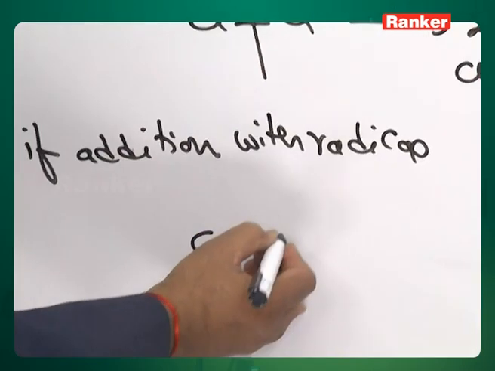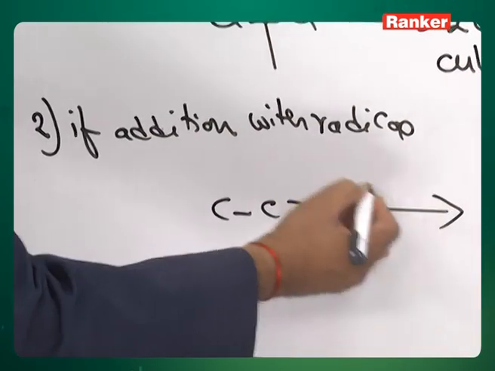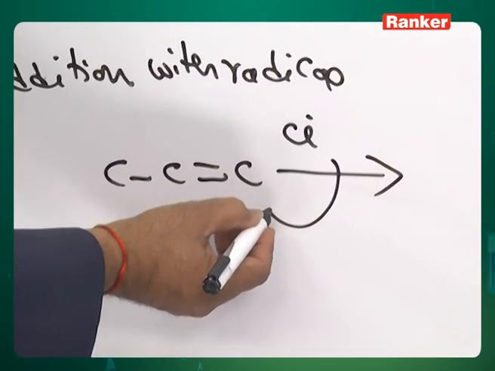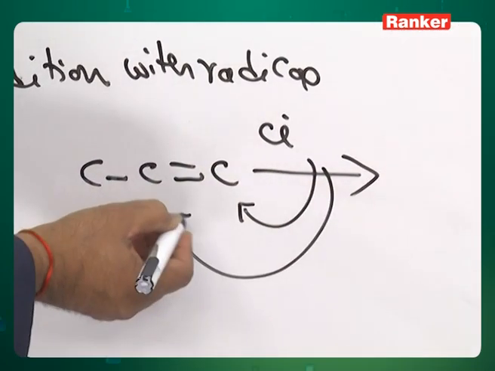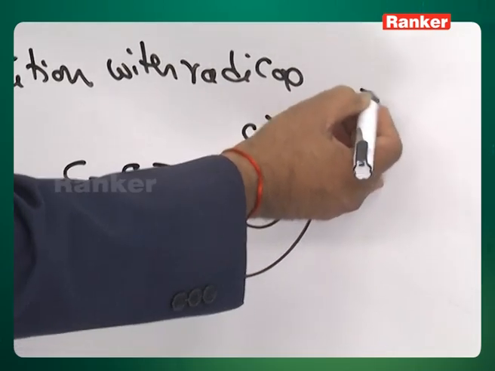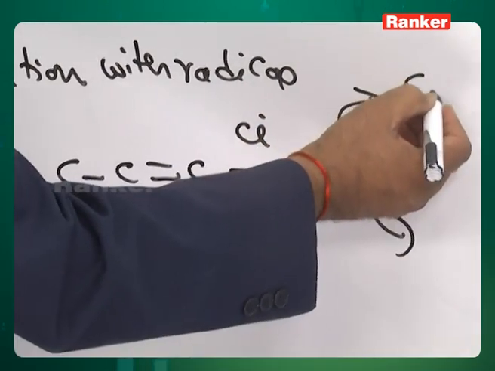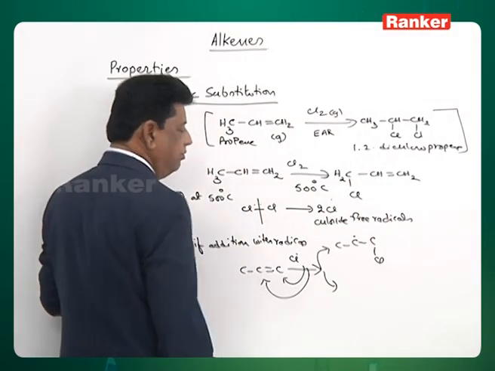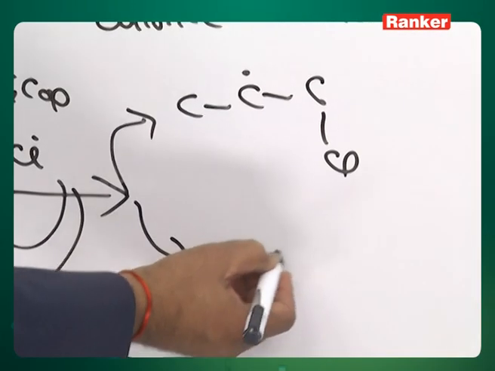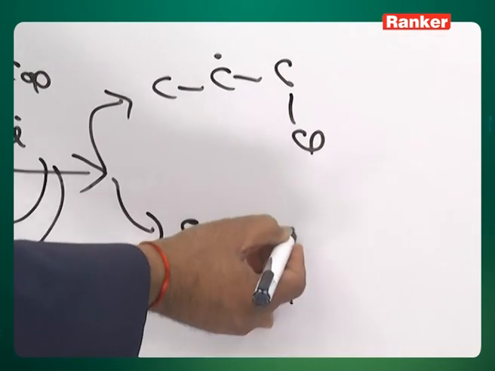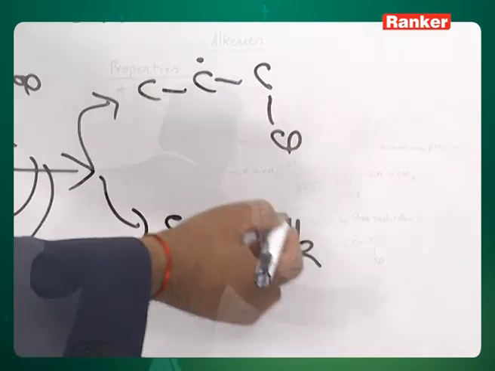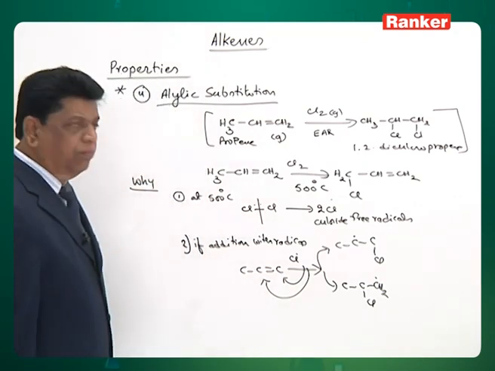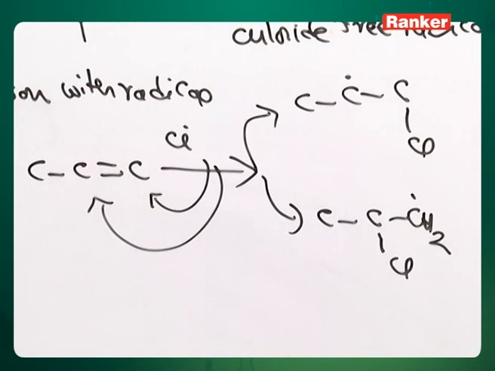The propene will react with one of the chlorines. The chlorine may go to the first carbon, or it can go to the second carbon, so there are two chances. If the chlorine goes to the terminal carbon, the middle carbon becomes a free radical. If the chlorine goes to the middle carbon, then the terminal carbon becomes a free radical. Either one will be a free radical, and both have some stabilizing features.